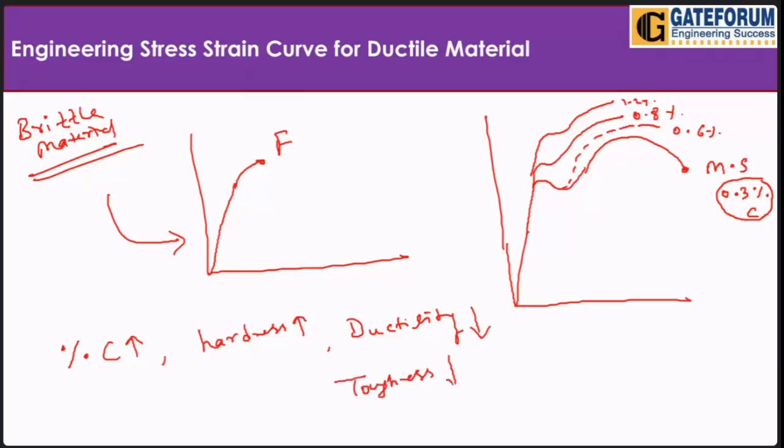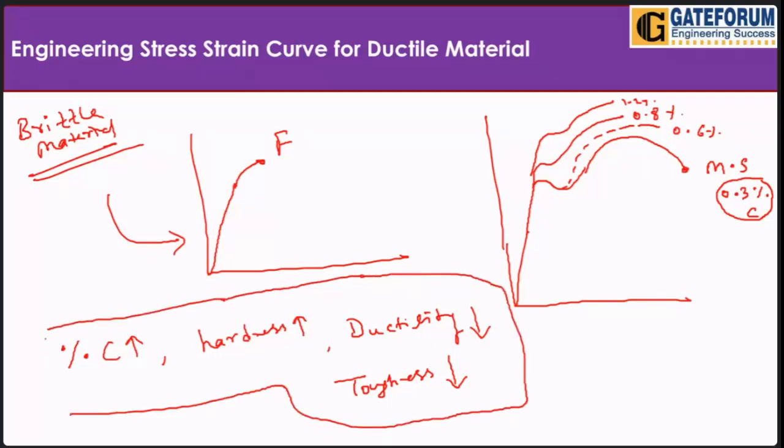So if we increase the percentage of carbon in any type of steel, hardness definitely increases, which means brittleness increases, but ductility and toughness decrease for that steel.